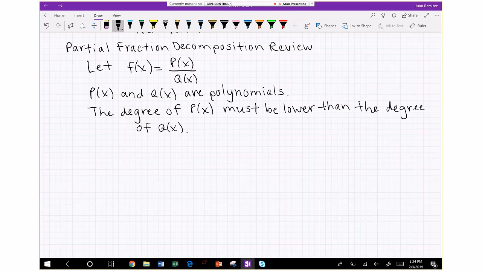Okay, so what are the steps for partial fraction decomposition? First, we're going to try to factor the denominator as much as possible. Next, for each factor of q of x, we will determine the term required for partial fraction decomposition based on a table that I'm about to show you.